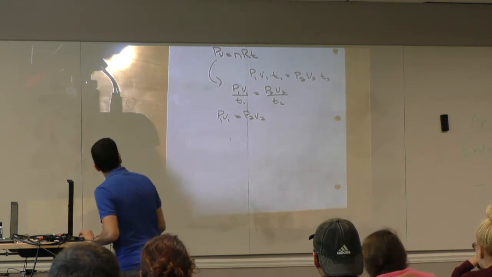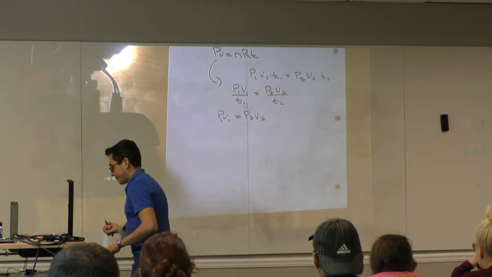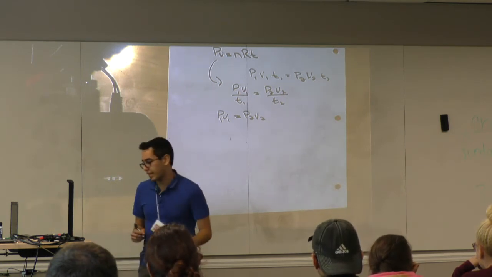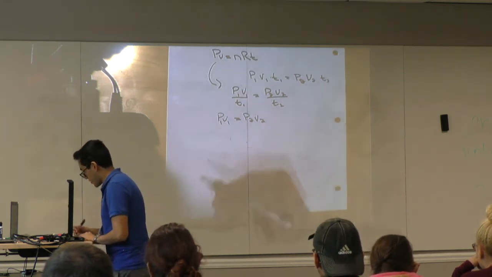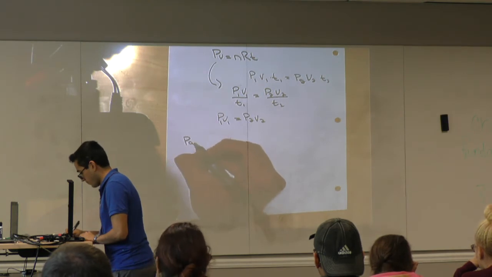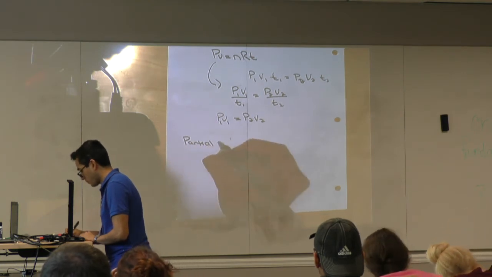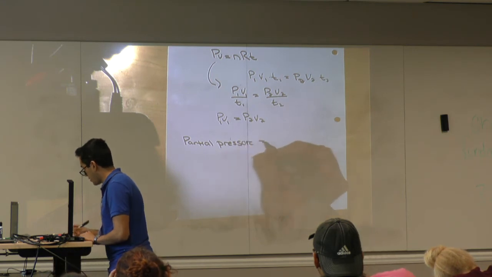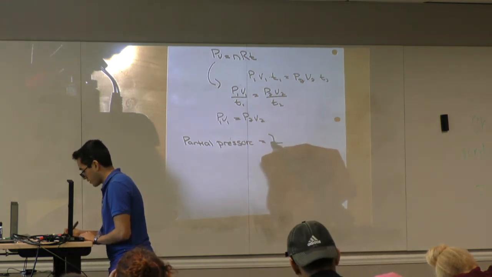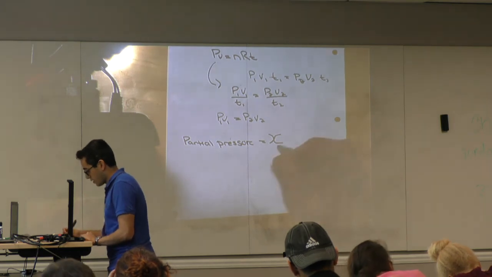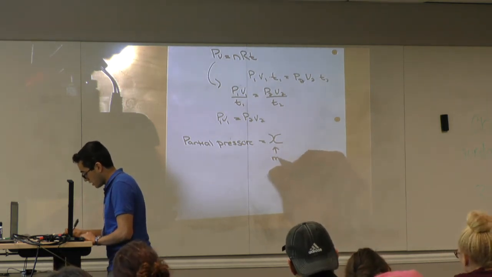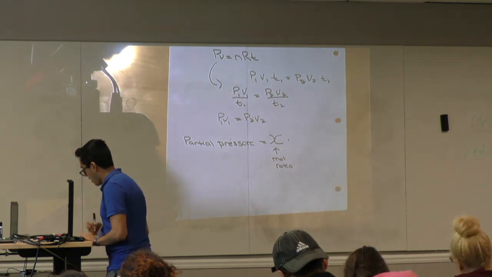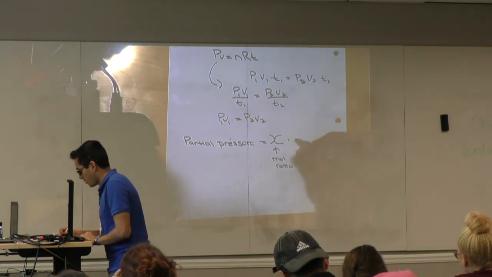Sadly, the ideal gas law isn't the only thing you need to know. You do also need to know partial pressure. This is the idea where partial pressure will always be equal to this weird looking X thing, which is just the mole ratio, multiplied by the total pressure.